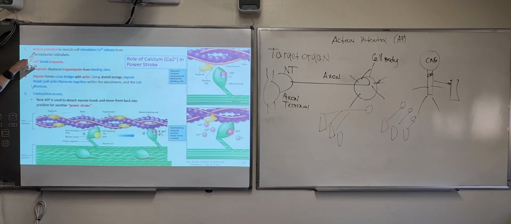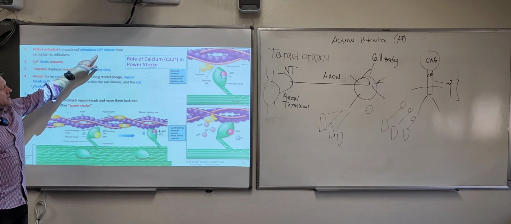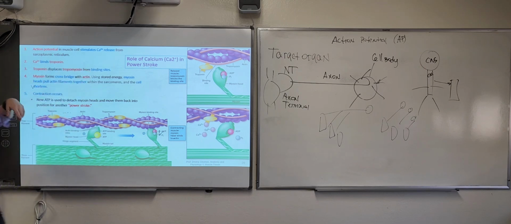So action potential is an electrical impulse that stimulates the calcium release. Calcium binds with the troponin, right? Let's say troponin like this. Calcium binds with the troponin, and troponin will be pulled off.